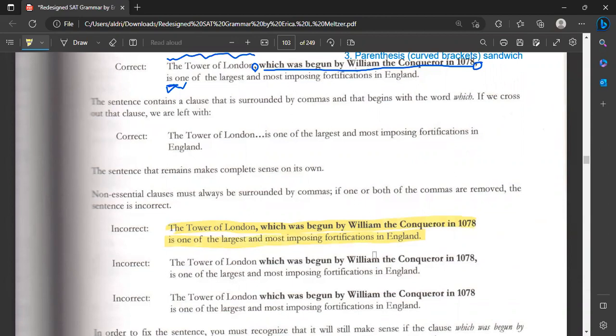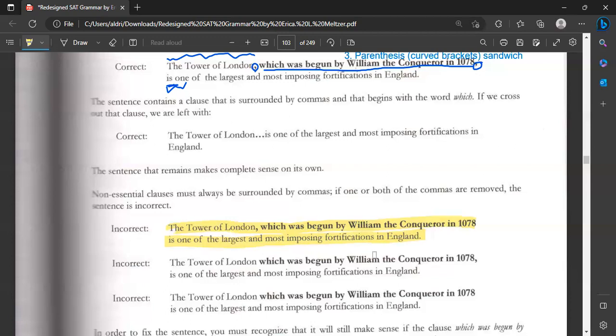All right, let's start off. It's not completely set off. The first end is set off, however, the last end is not. The first part of it is set off. There's a comma between London and which. Exactly. But there's no comma after the year 1078. Exactly, right?